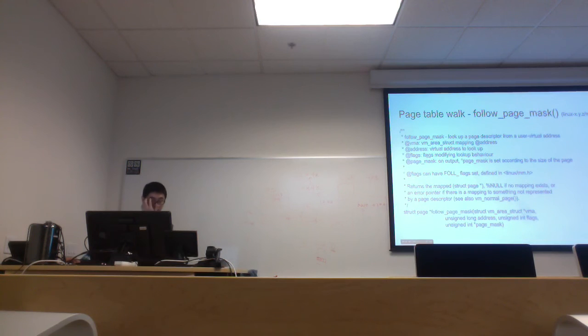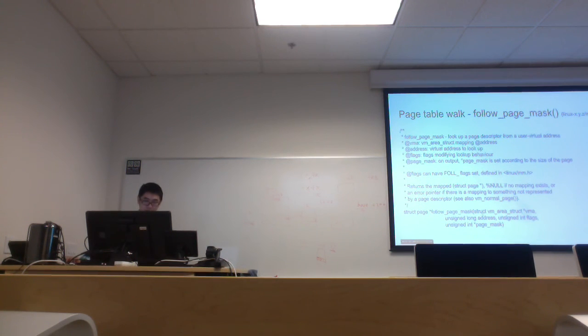So let's have a look at an example of how the kernel walks the page table. There's a function called follow_page that wraps this function, follow_page_mask. The purpose is to look up a page descriptor from a user virtual address. The user virtual address is this parameter.